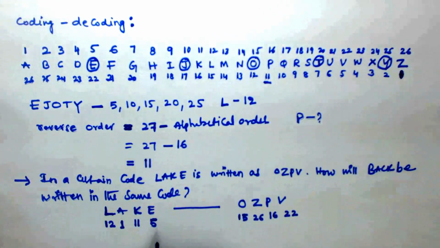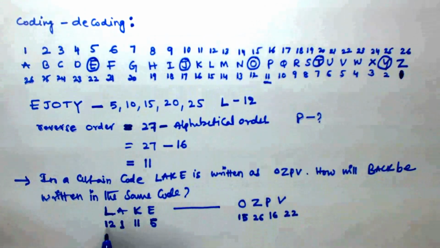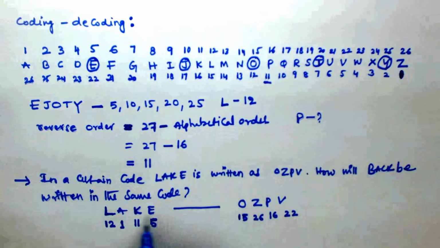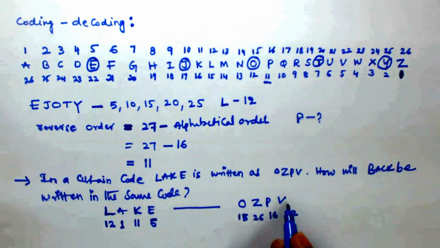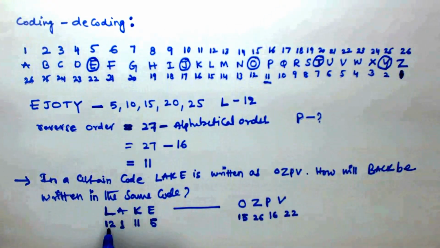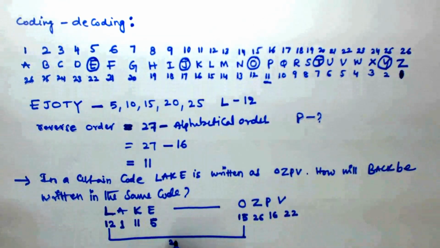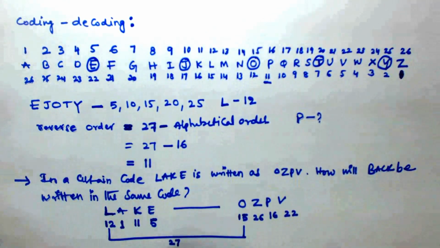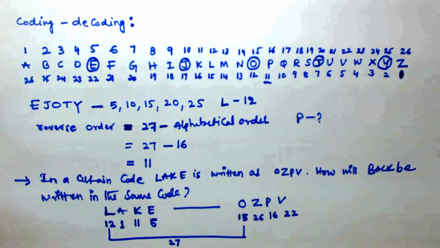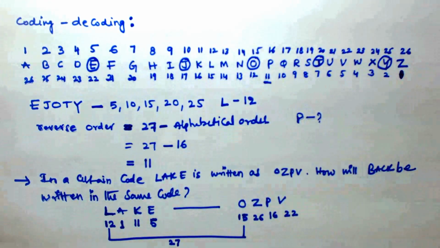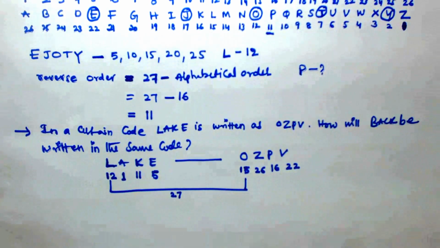So what is the pattern? From this we can find that L is coded as O, A is coded as Z, K is coded as P and E is coded as V. If we observe, 12 plus 15 is 27.